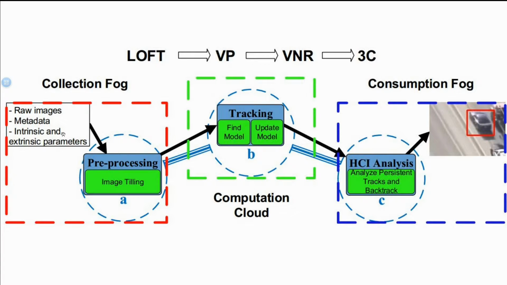So one can notice that this virtual network represents virtual paths from our raw data through some intermediate steps to our final output, where we track the object.